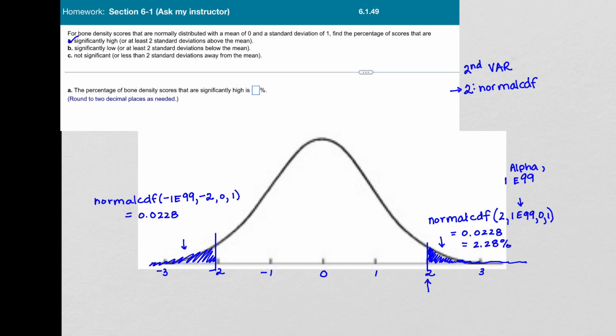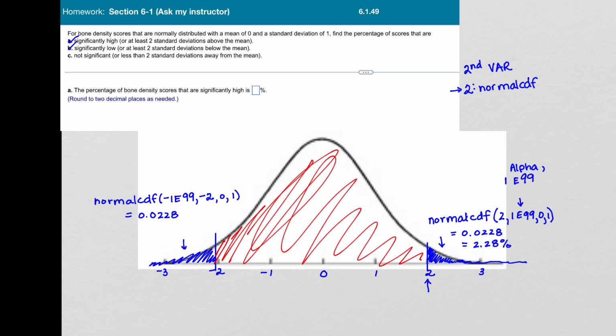And now we want to find the percentage of scores that are not significant. So again, I'm going to switch to red here. Again, I would use normal CDF, but now I'm finding the percentage that are in the middle.